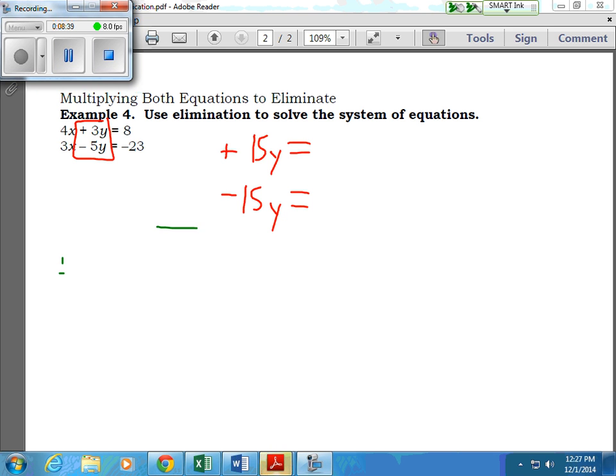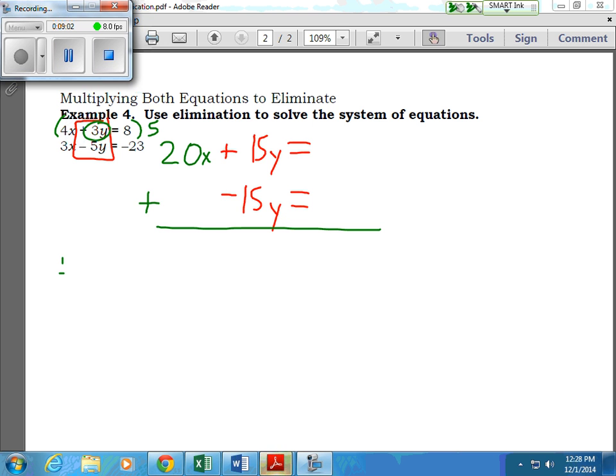Now, let's go back and figure out what I had to do to get that to happen. The top equation had to be multiplied by 5 to make the 3y become a 15y. So everything's going to have to be multiplied by 5. So that'll be a 20x.